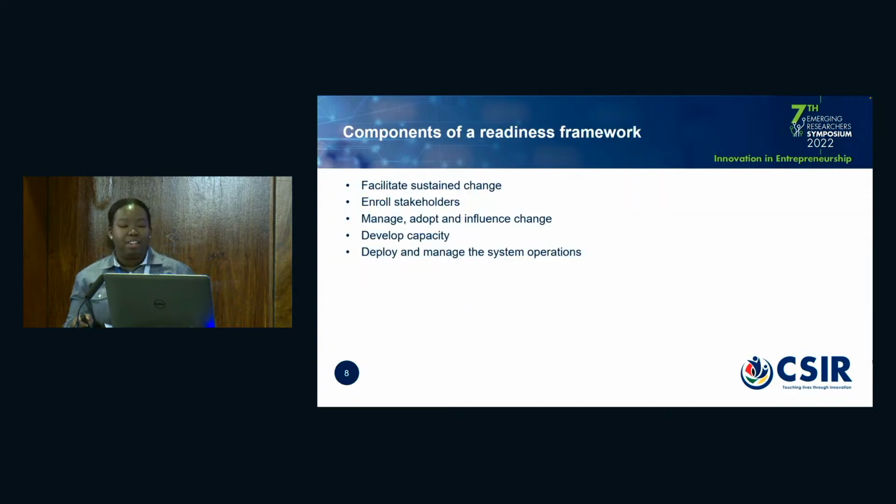So the readiness aspects that need to be addressed are to facilitate sustained change, enroll stakeholders, manage and adopt and influence change, develop capacity, deploy and manage the system's operations. So the readiness framework also ensures that stakeholders are identified and that the vision is clearly stated to them.